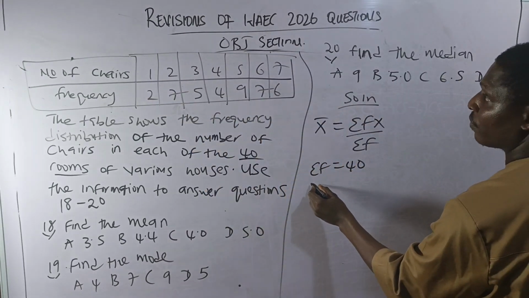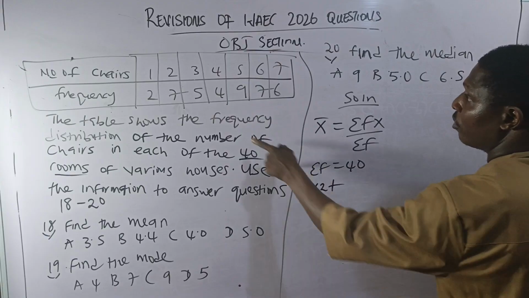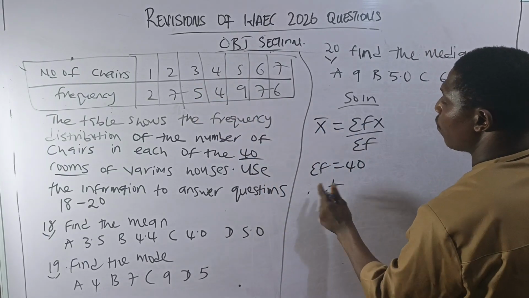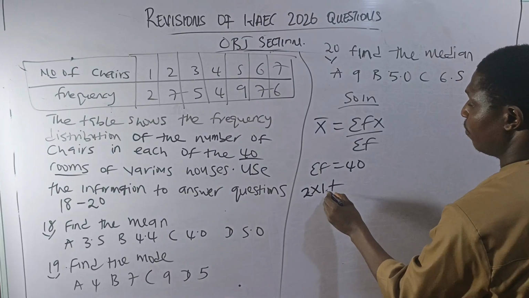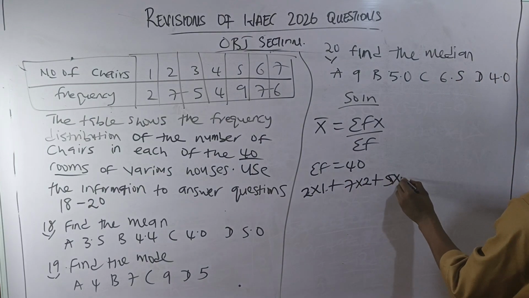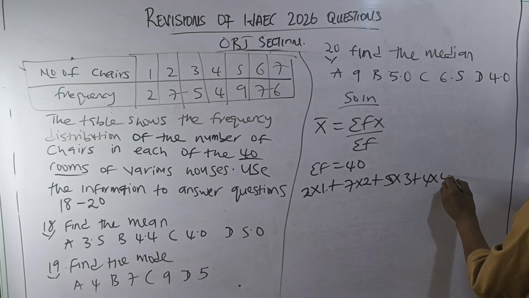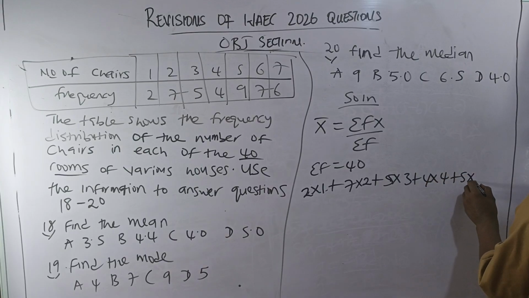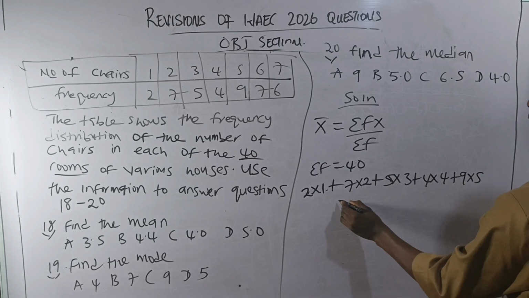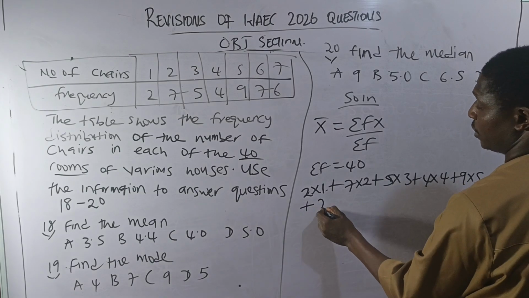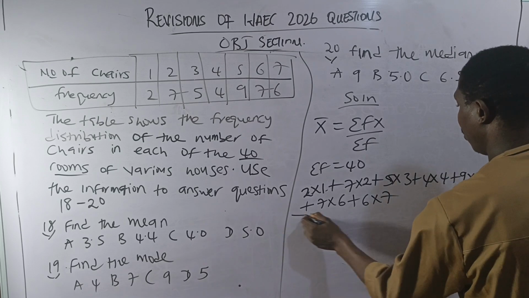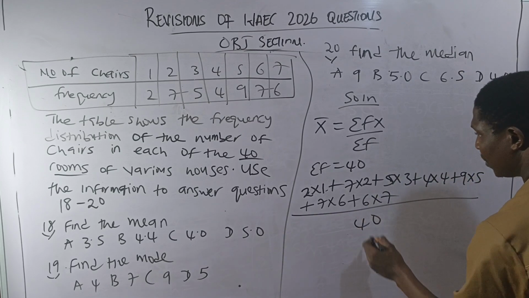So we have 1 times 2 plus, or let me use it from the bottom. We have 2 times 1 plus 7 times 2 plus 5 times 3 plus 4 times 4 plus 9 times 5 plus 7 times 6 plus 6 times 7, all divided by what? 40.